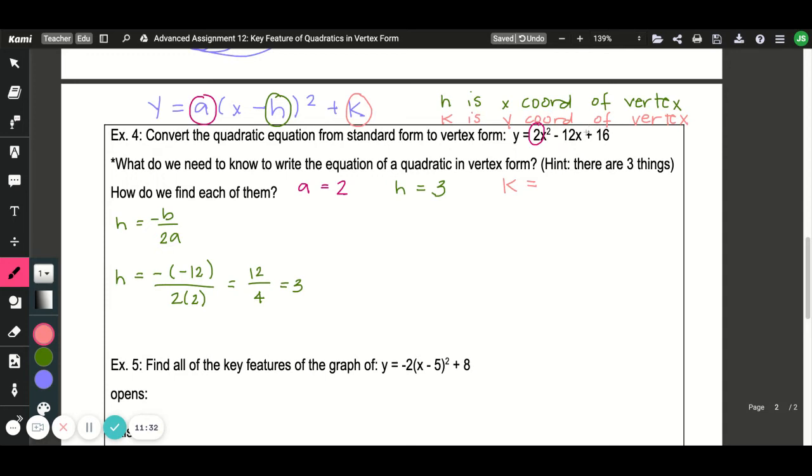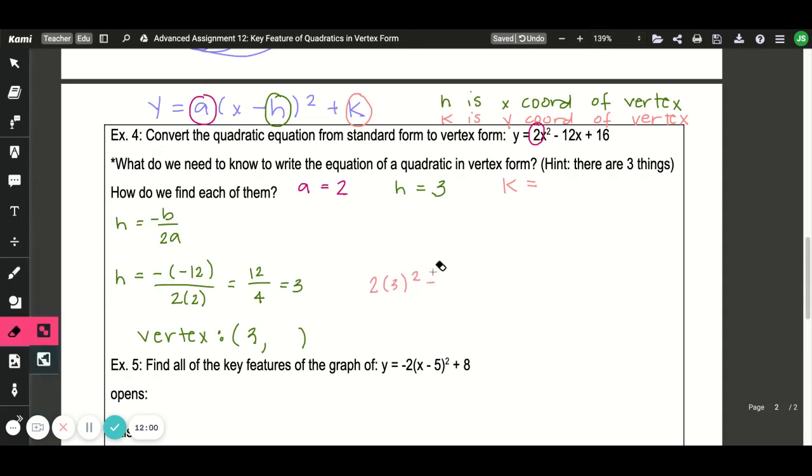How do we find a y-coordinate? Well, we have an x-coordinate right here, right? If we have an x-coordinate of a vertex, 3, how did we find the y-coordinate? We found it by substituting that back into the equation. So I'm going to substitute that 3 back into the equation.